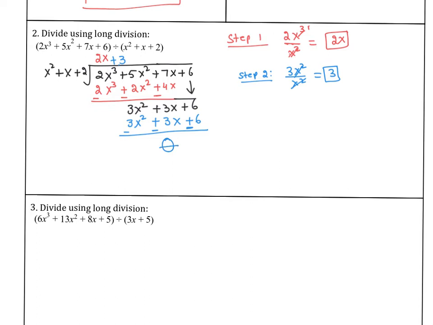Once you get the remainder 0, you already know that this polynomial is divisible by the divisor completely. Completely means that the polynomial we used as divisor is a factor of this polynomial. That's why it divided completely.